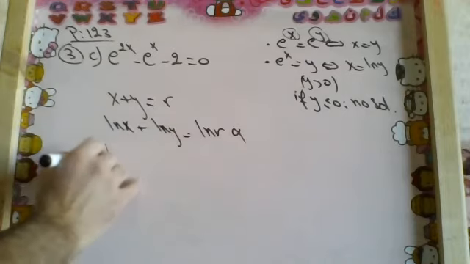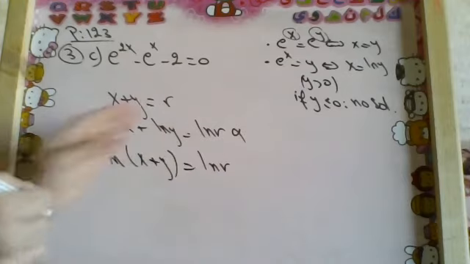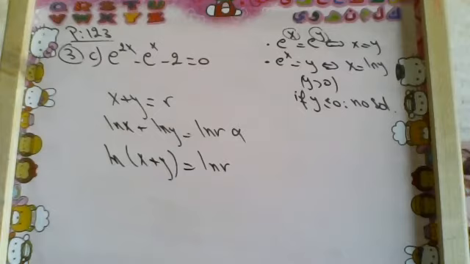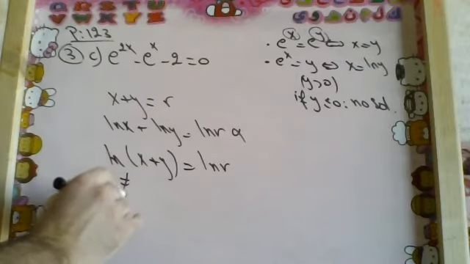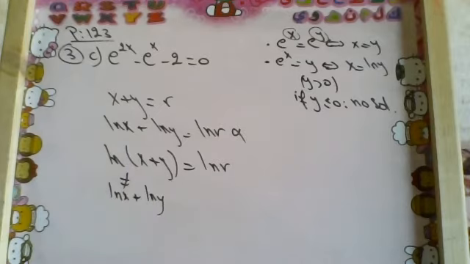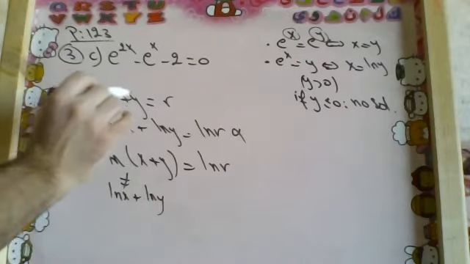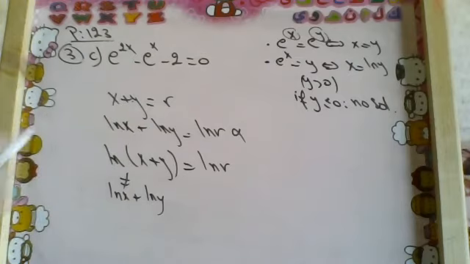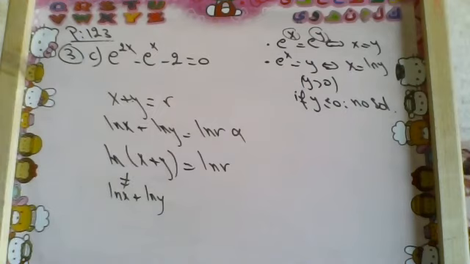I can write ln of (x plus y) is equal to ln r if everything is greater than 0, meaning if x plus y and r are both positive. But by the same idea, ln of (x plus y) is not equal to ln x plus ln y. So you can't put ln here, ln here, ln here. No, it's the same thing. So don't think about it that way.